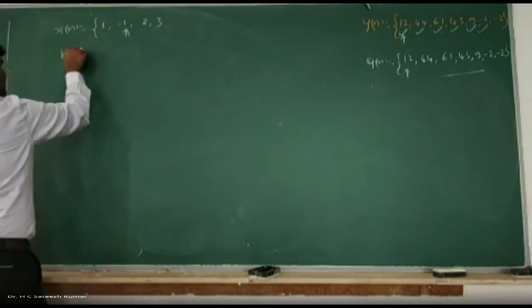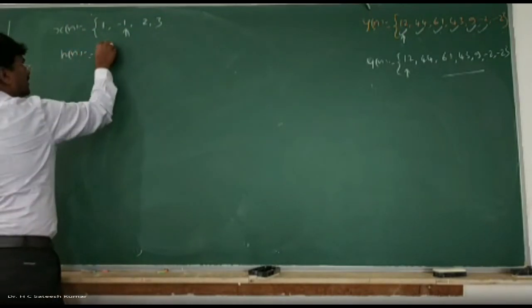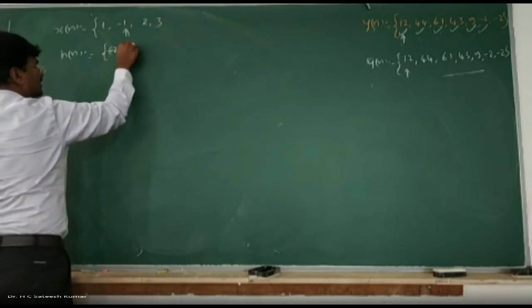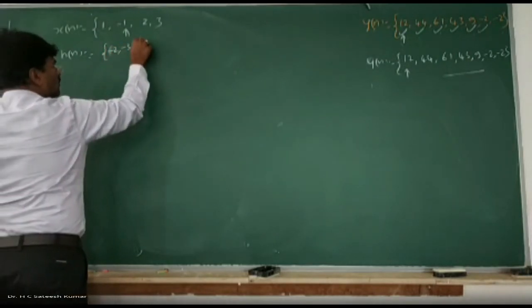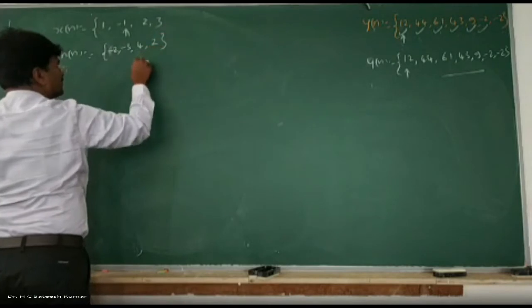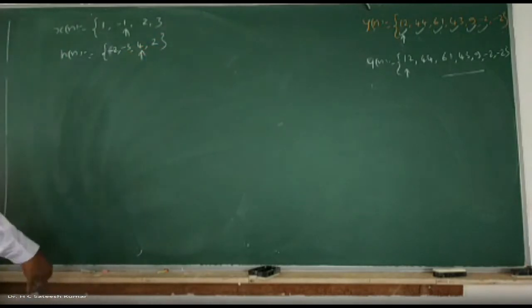And h of n is equal to 1 comma minus 2 comma minus 3 comma 4 comma, let us say 2, something like this. Arrow mark somewhere here. Then how will you do it? Same method only we should follow. So what is that we should do?